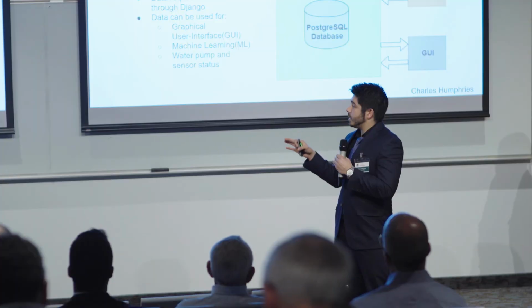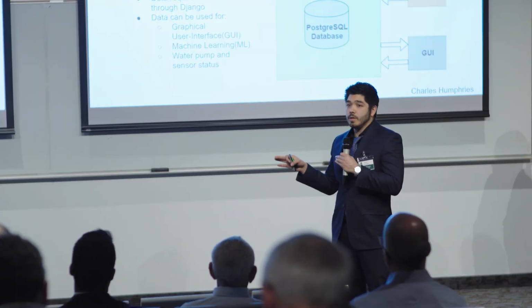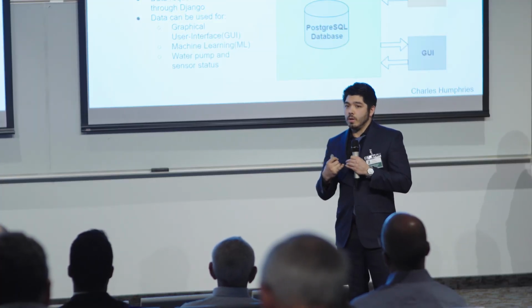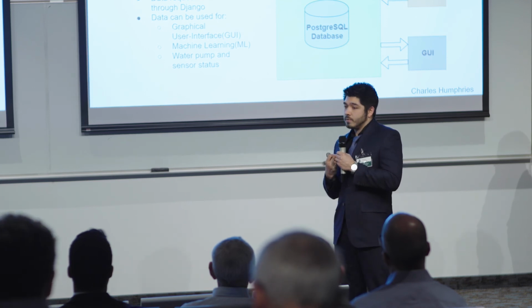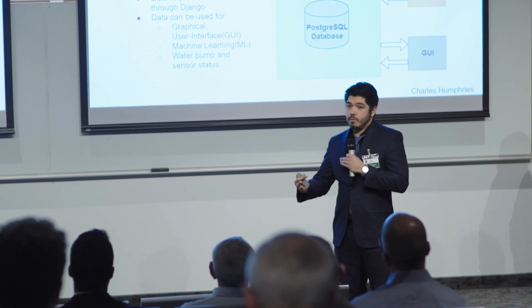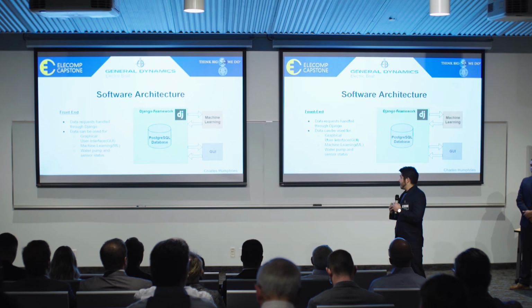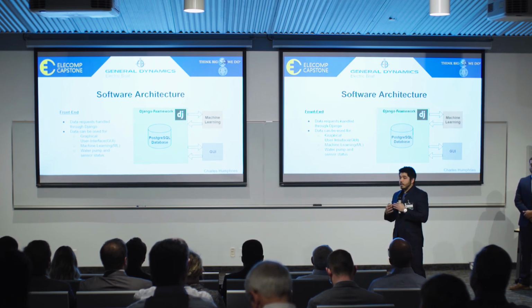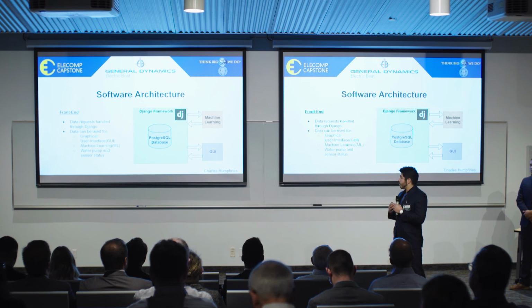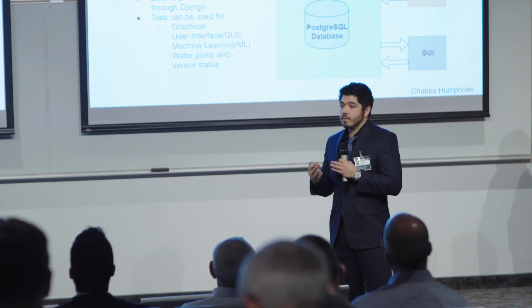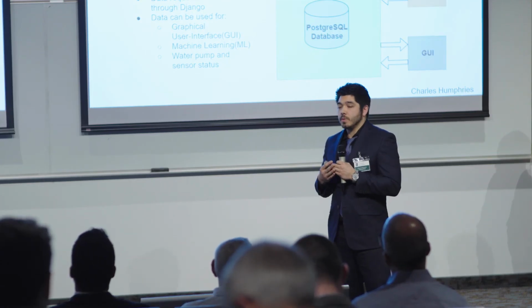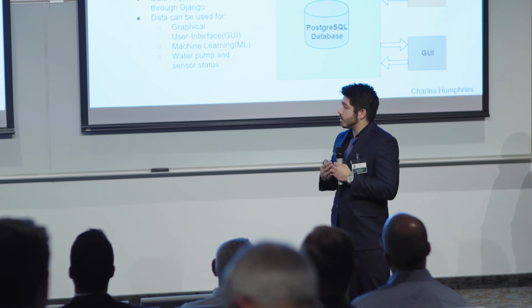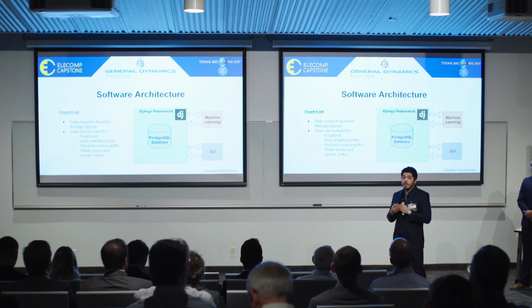Furthermore, we can use that same data for a GUI, a graphical user interface, to show the user what is failing, where it's failing, and when it's going to fail if it's reaching that point. And it will also show us the plots of the data as we move forward with our project. Now, with that said, we still have a lot of work ahead of us in the spring semester. So to explain our anticipated best outcome, I'm going to hand you over to Hender.